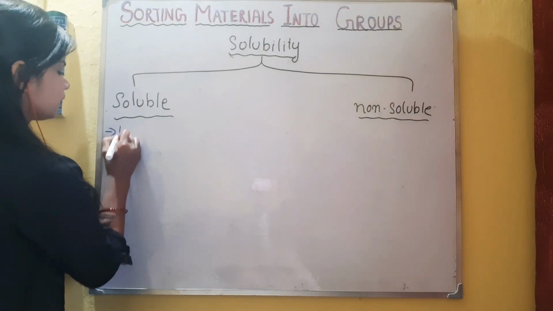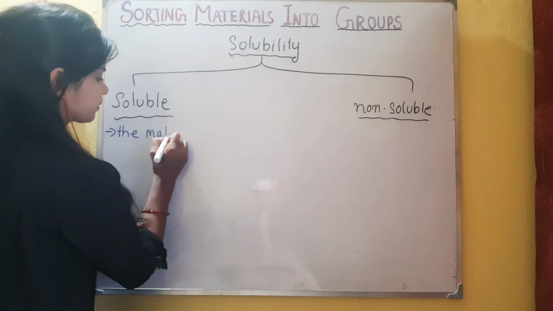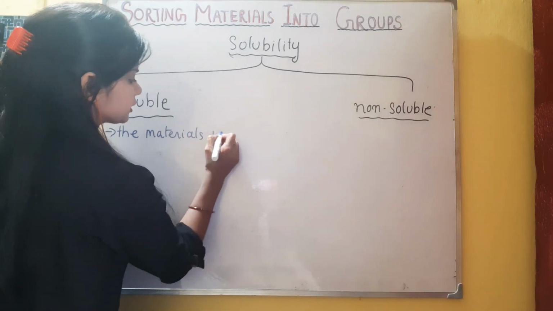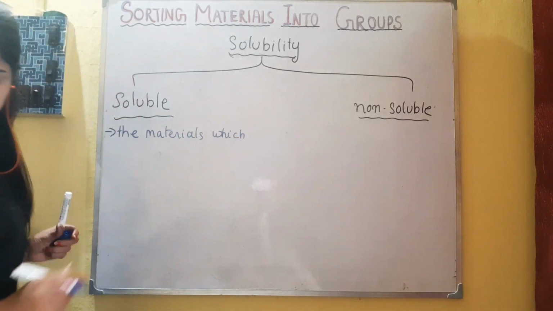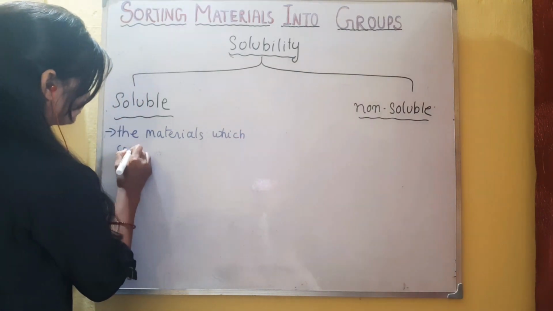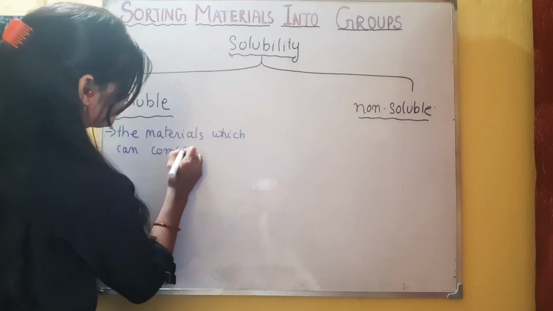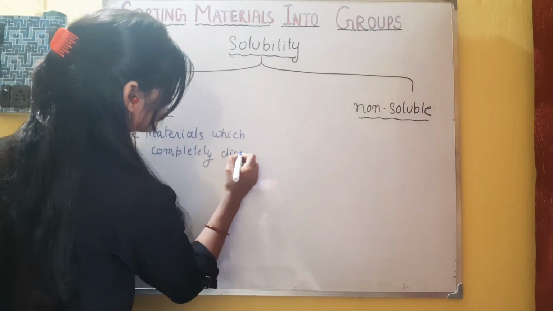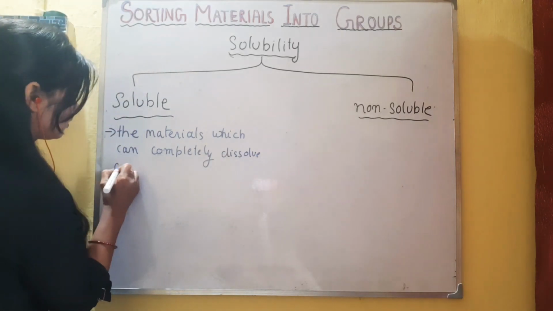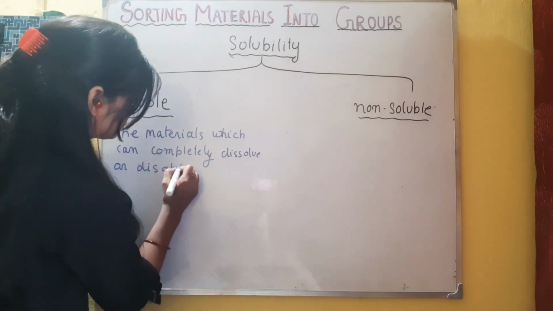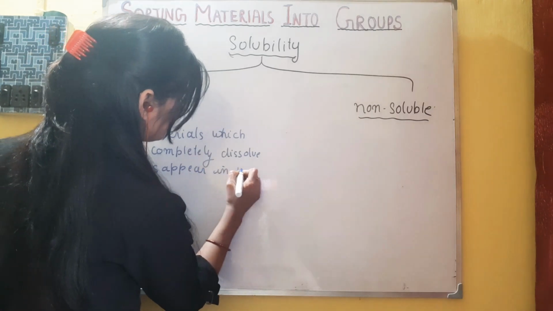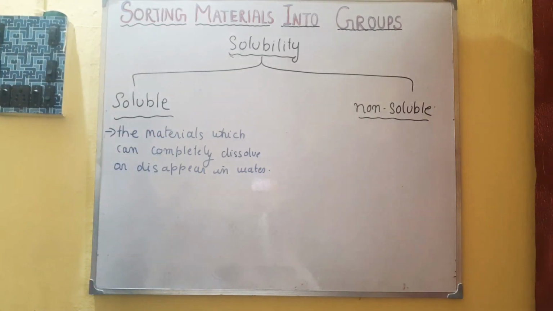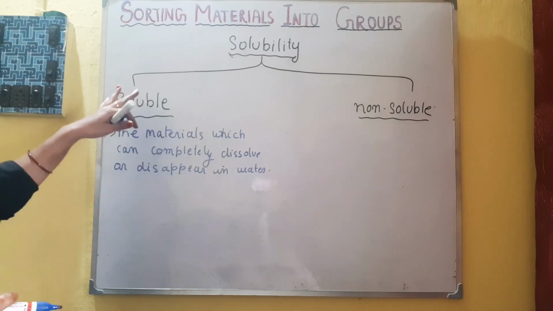Soluble means the materials which can completely dissolve or disappear in water.